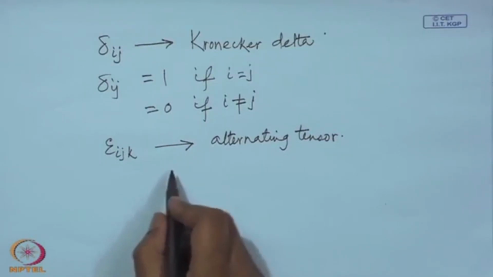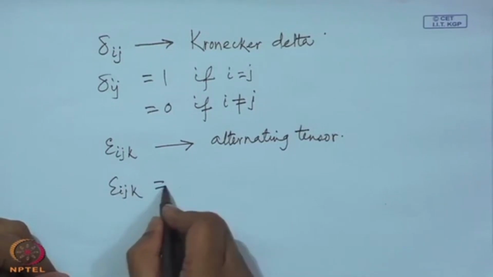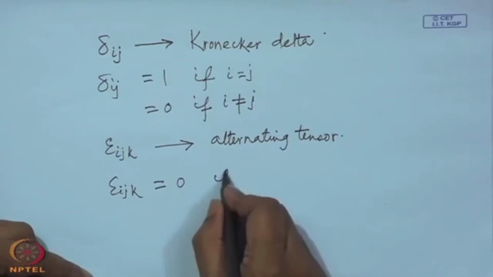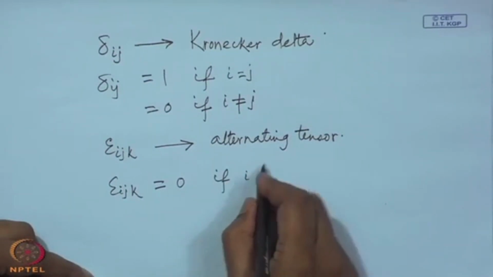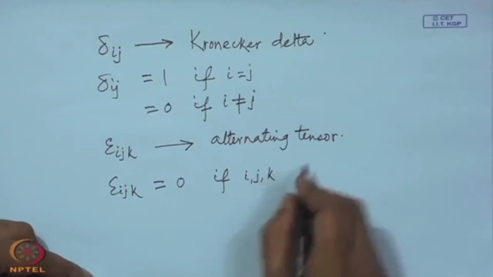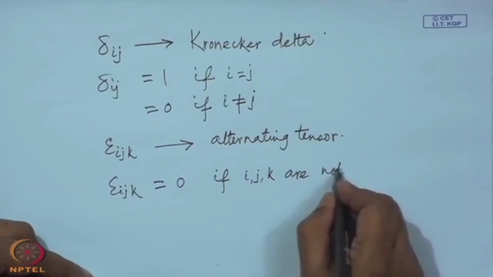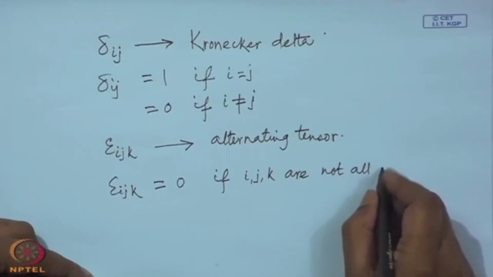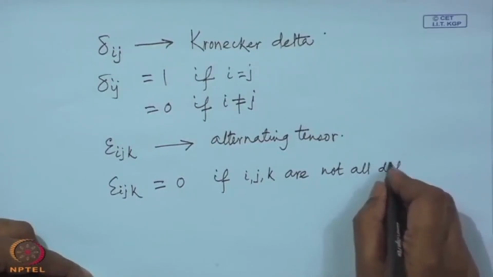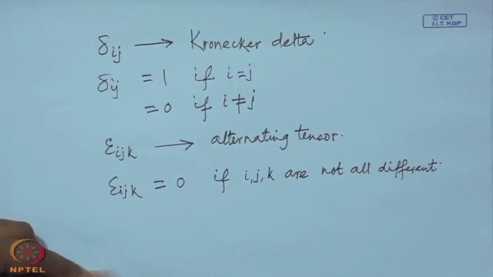It is like that: epsilon ijk equals 0 if i, j, k are all not different, that is, all of them have to be different, otherwise it is 0.